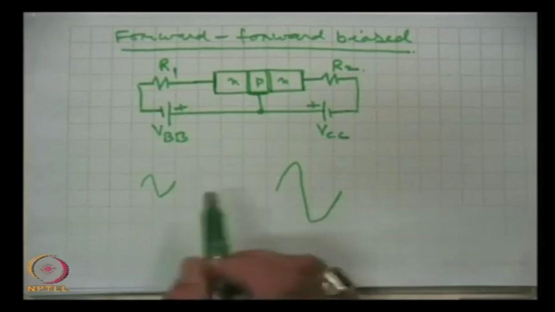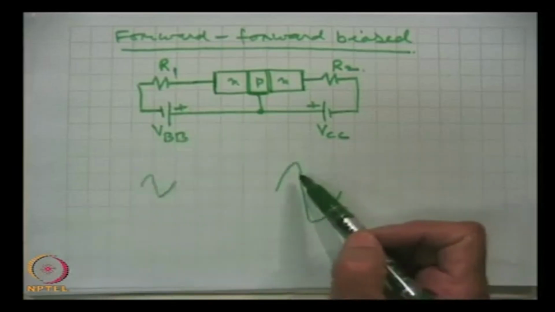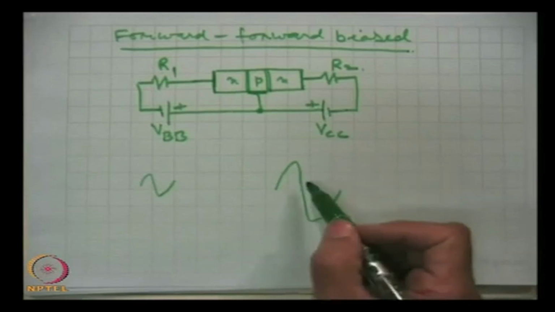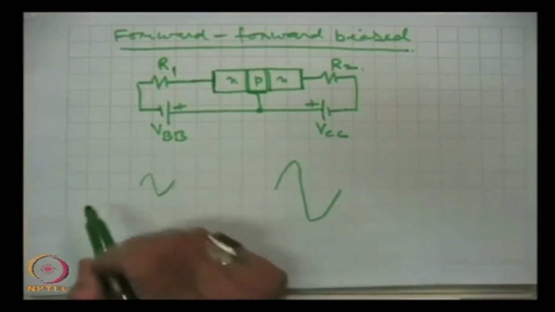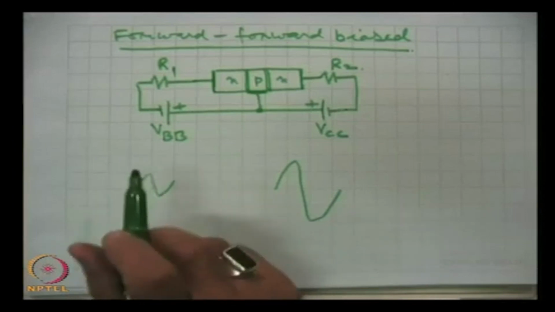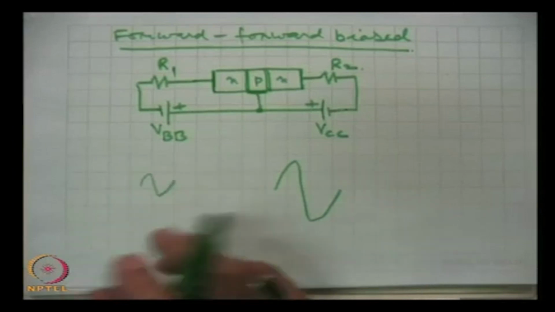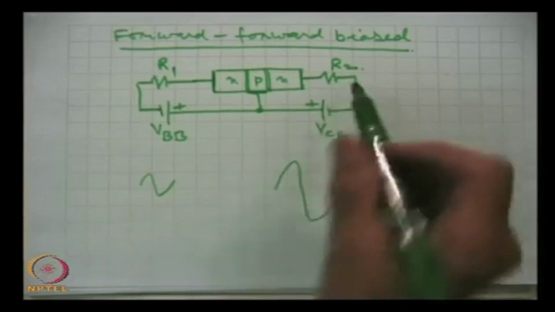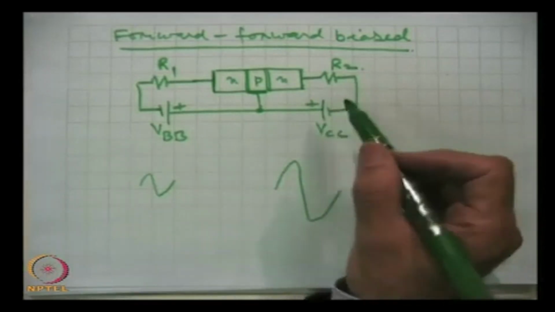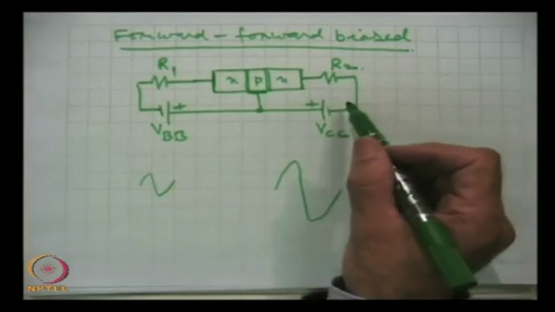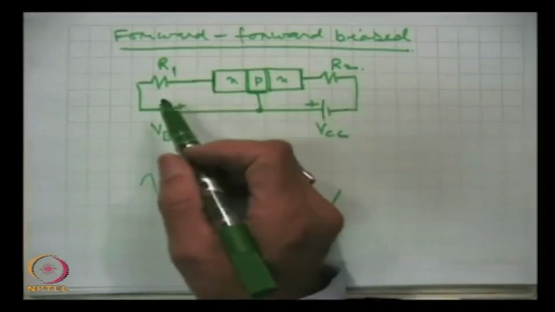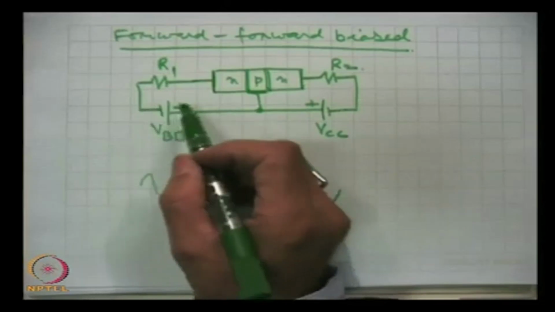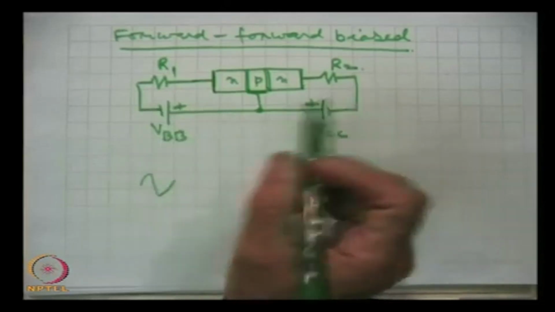When the output current or output voltage varies in accordance with the input current and voltage. I repeat, amplification is possible when the output current or voltage varies in synchronization with the input voltage or input current.